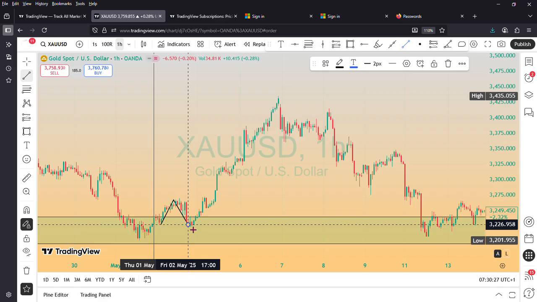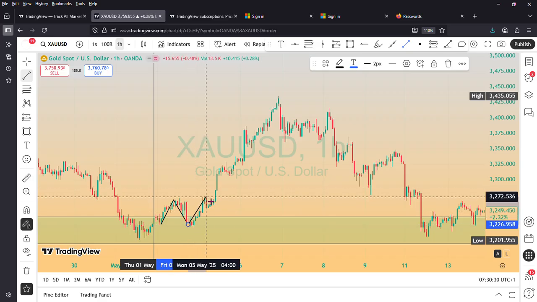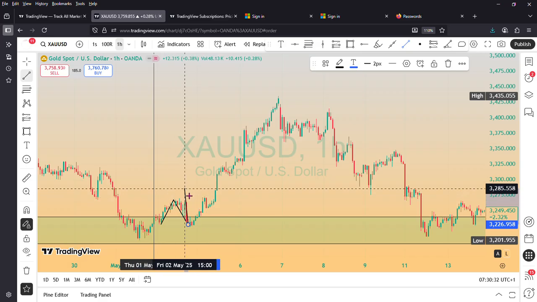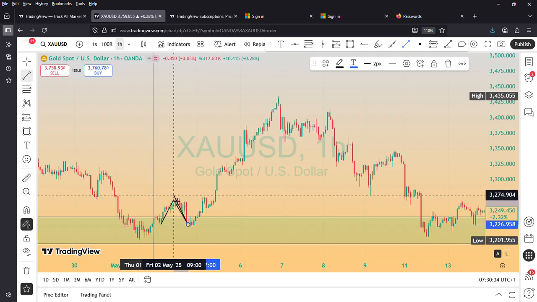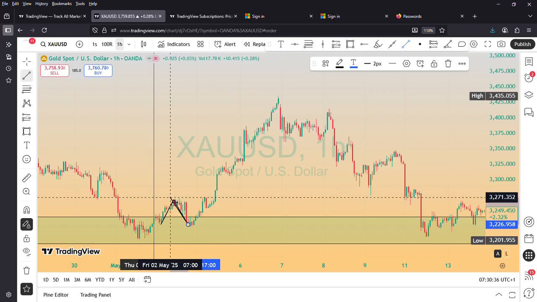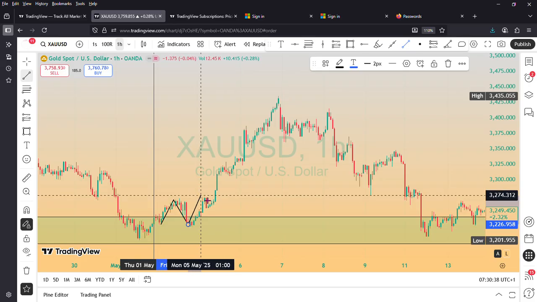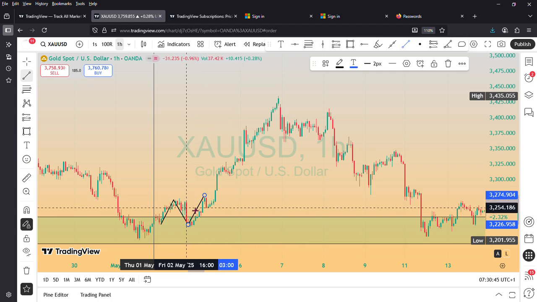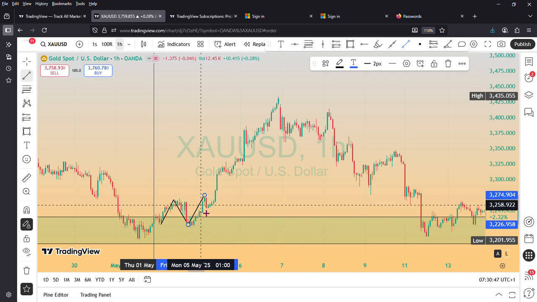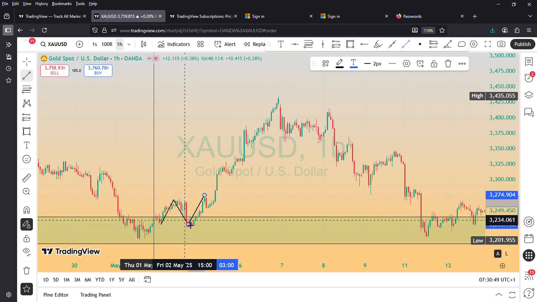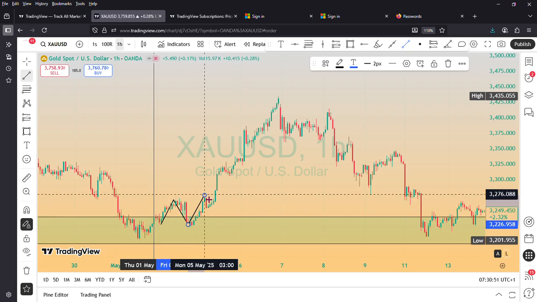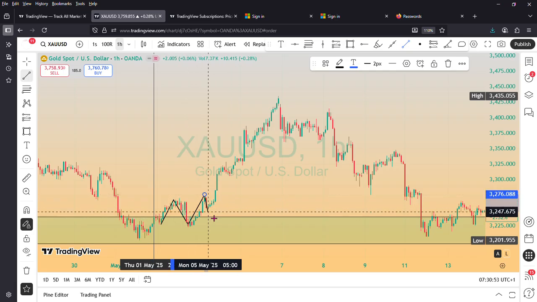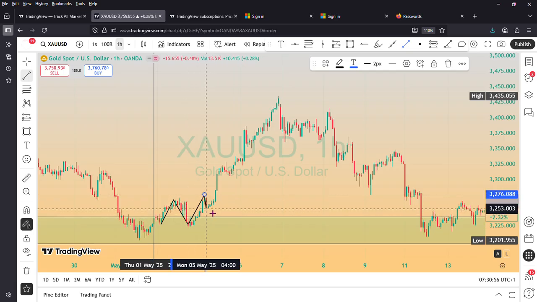Now a lower high that swept this zone, this previous high. Understand? This one has swept this previous high. So I want to catch it on either this low or this low. When the market started pulling back to this zone, that should be my entry.